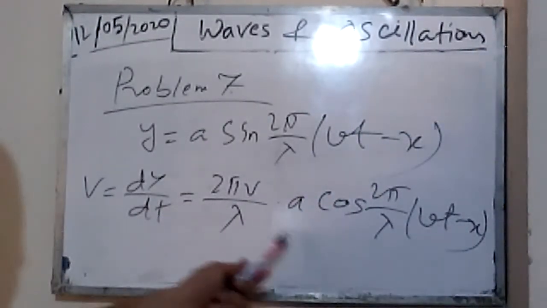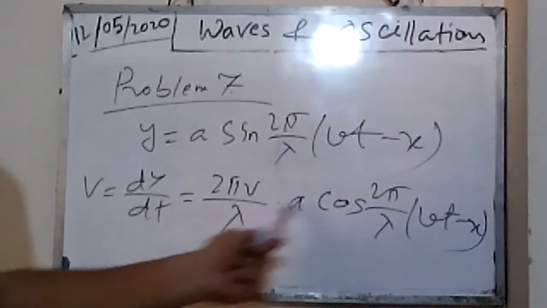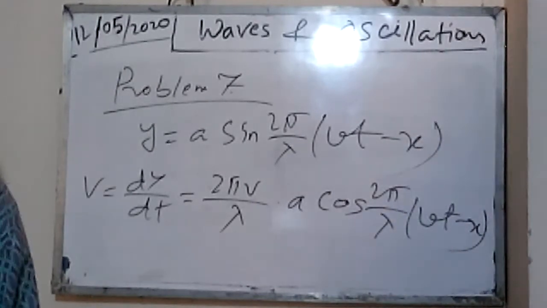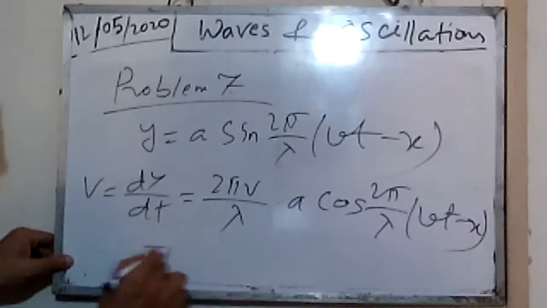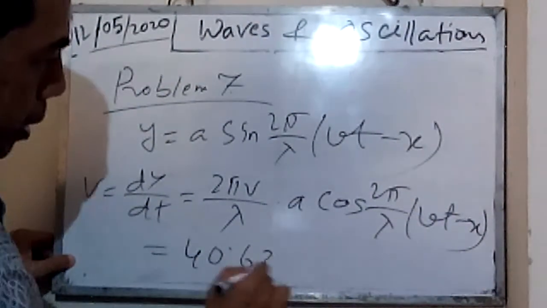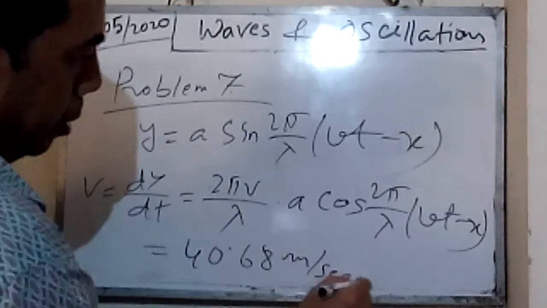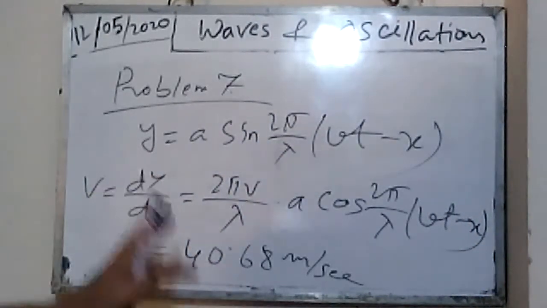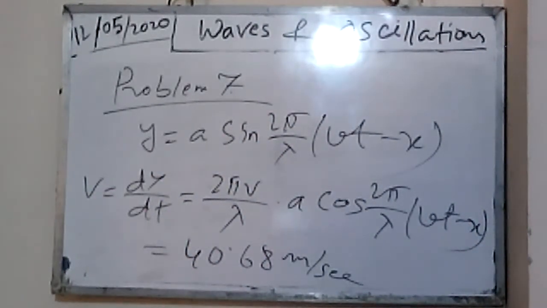Put this value like the previous one, and by using your calculator, you will directly get the answer of velocity equal to 40.68 meter per second. Okay, these are the two results required by the question.